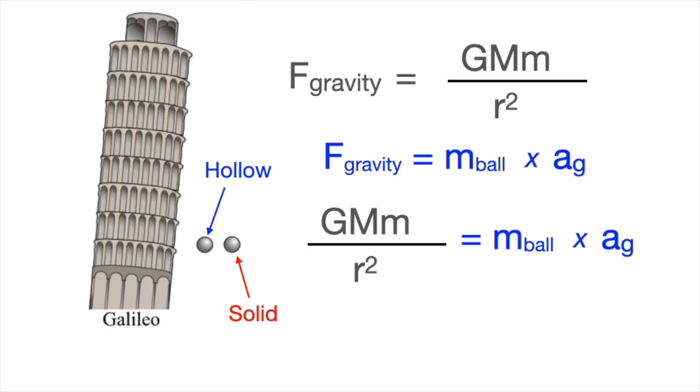Now, dividing both sides by little m, we get a sub g equals G times capital M all divided by r squared. That is, the acceleration due to gravity depends only on the mass of the Earth and r. The mass of the ball is irrelevant. We will need this formula later.